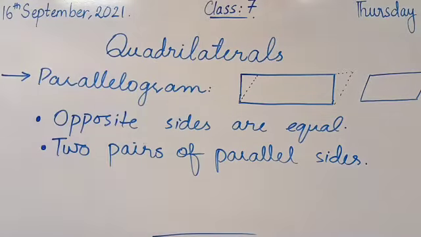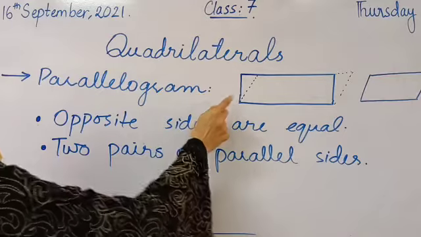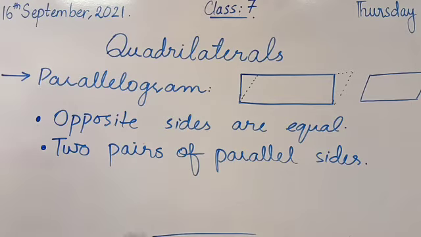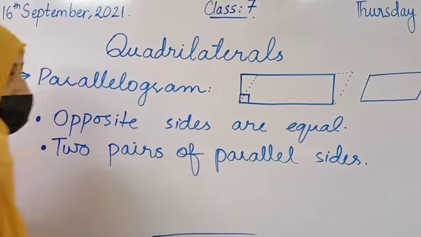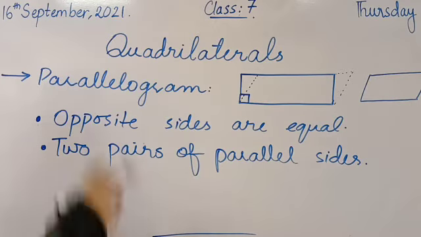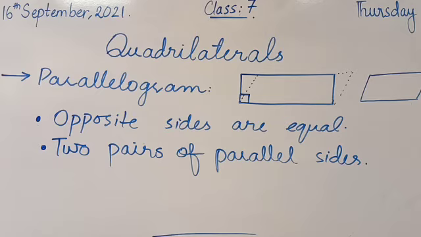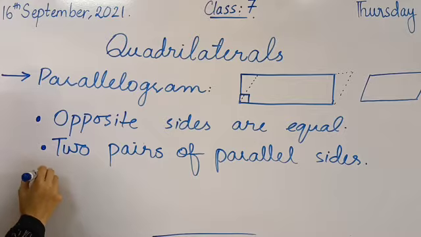Now observe the angles of a rectangle and a parallelogram. In this shape, the rectangle, all four angles are of 90 degrees. But the angles of a parallelogram are not right angles. So there is a difference. This is the difference between a parallelogram and a rectangle.